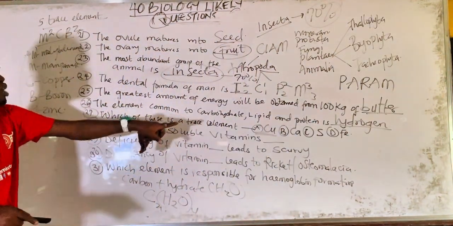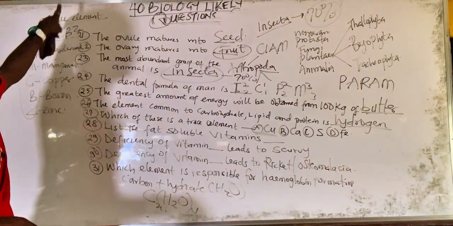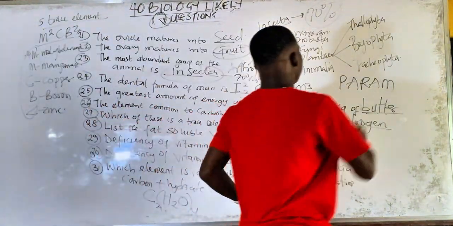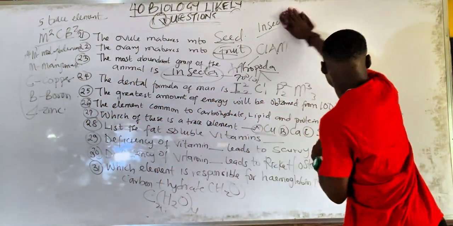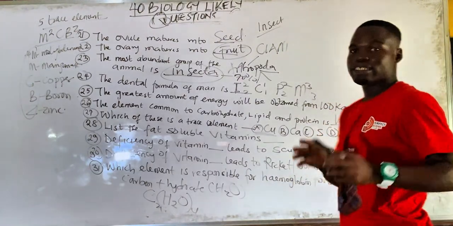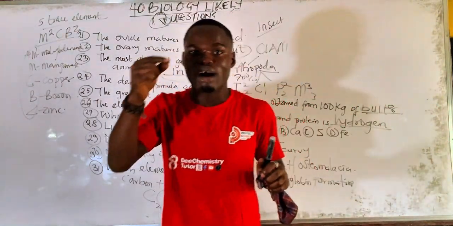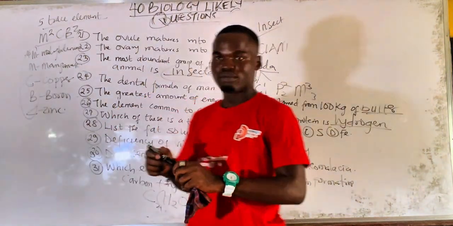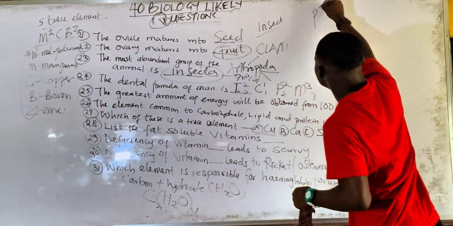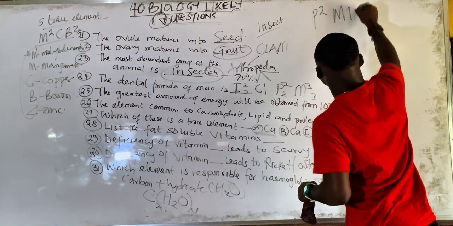Okay, now if I want to explain the 7 macro, the large ones, you understand? I use the mnemonic P squared mix.